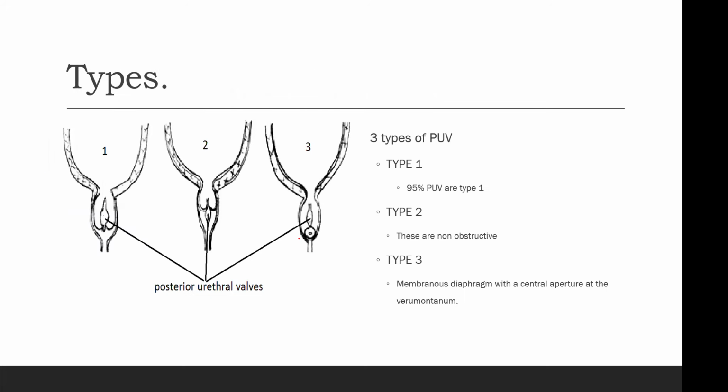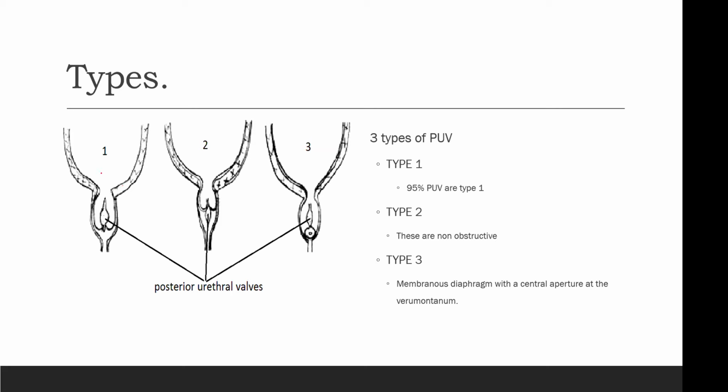This is a representation of the types that were first described by Young: type 1, type 2, and type 3. In type 1, basically the two leaflets, when they fuse, form a dome-shaped obstruction.